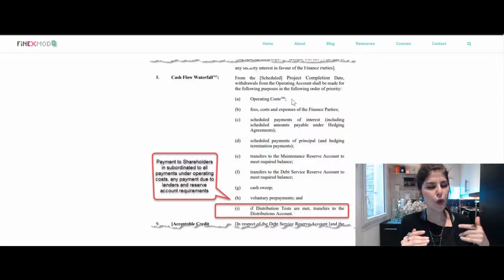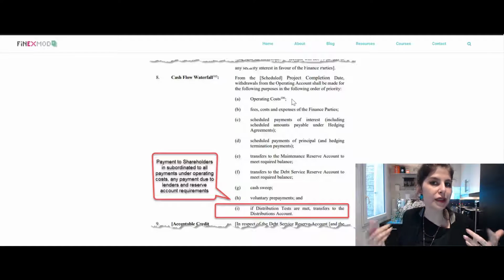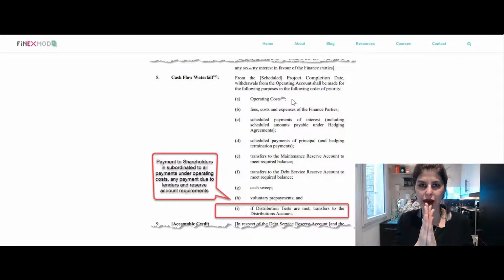So the whole aim is to make sure that the project is going as scheduled, everything is going as predicted, so there is nothing unpredicted, and the base case remains the same. That's why the lenders will impose some restrictions.